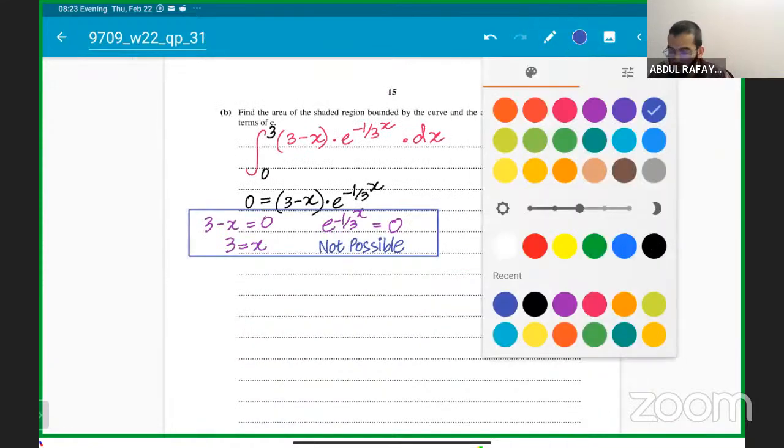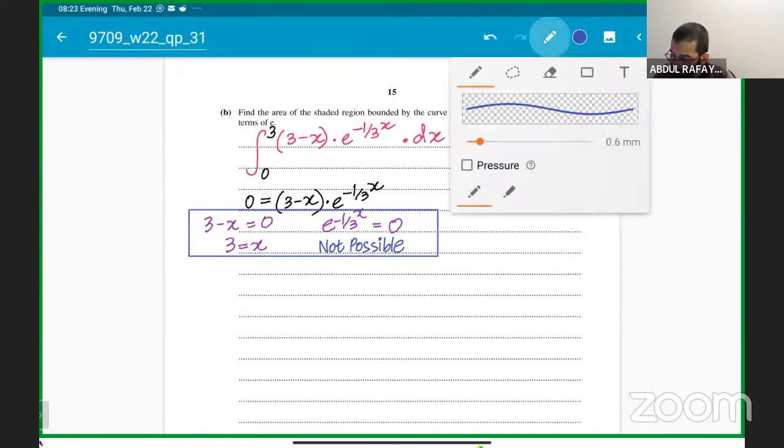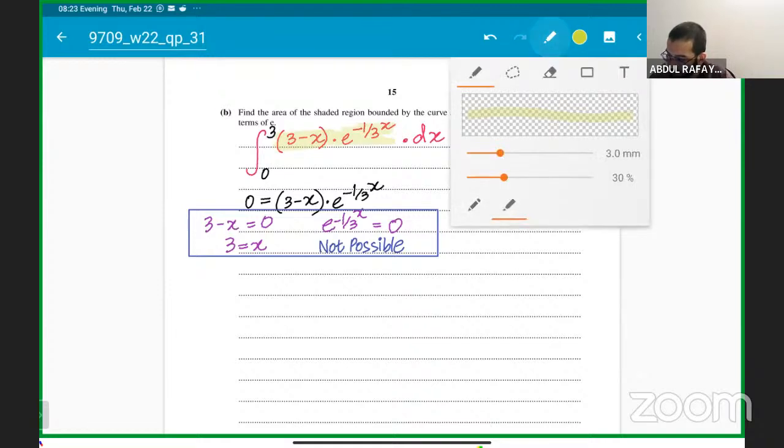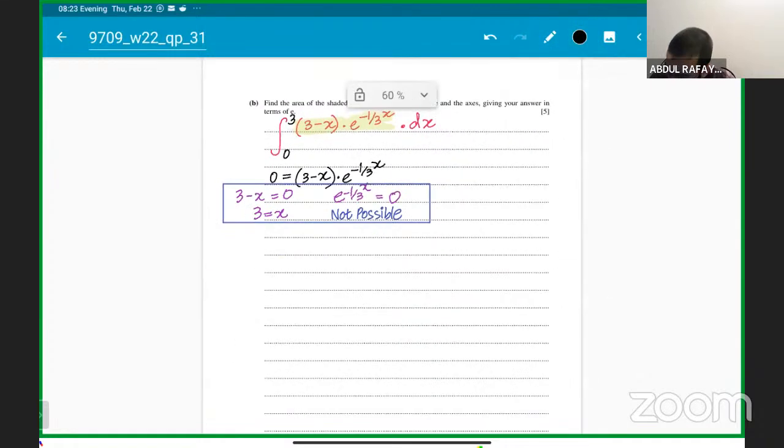Now the next thing comes in. What we can clearly see here is that we have to integrate, but we can't integrate directly because there are two different things. So again, in this whole October and November, they have tested you on integration by parts. Integration by parts they are testing on.